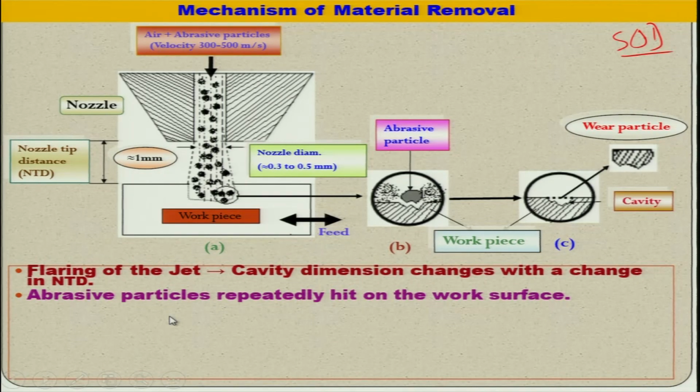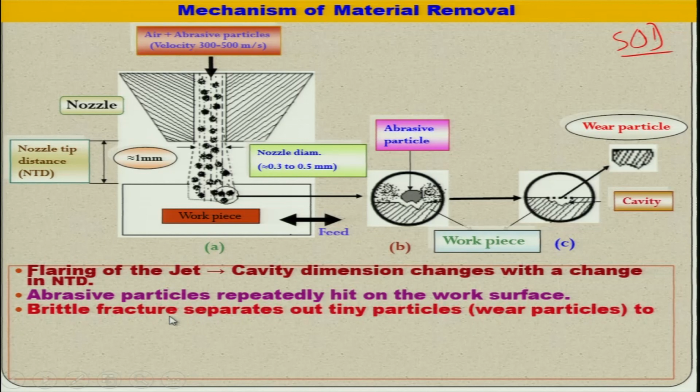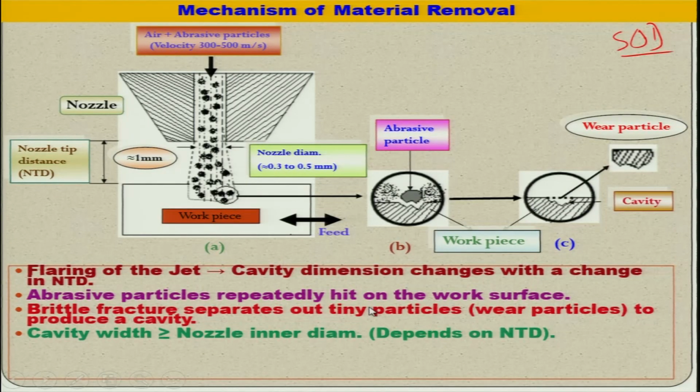Abrasive particles repeatedly hit the workpiece surface and create the cavity. Brittle fracture separates out tiny particles or worn out particles to produce a cavity. As you can see over here, this cavity is produced, and by brittle fracture, this material is being removed from this cavity.